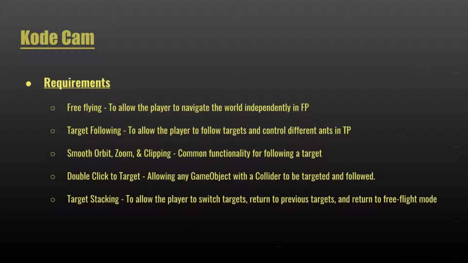So that's what I mean by target stacking: being able to stack targets, and then as I pop them back off, go back to the previous target, and ultimately return to free flight mode from having targeted a game object.